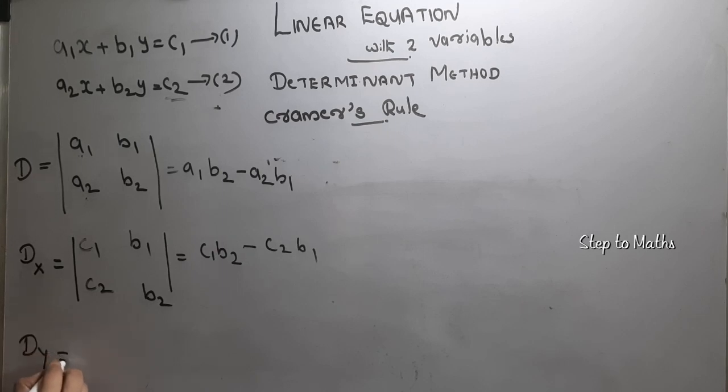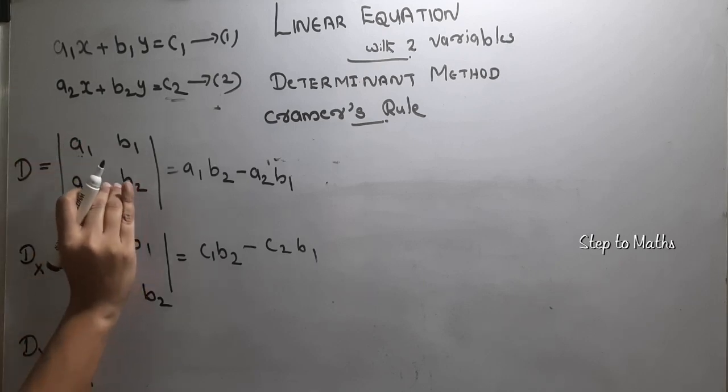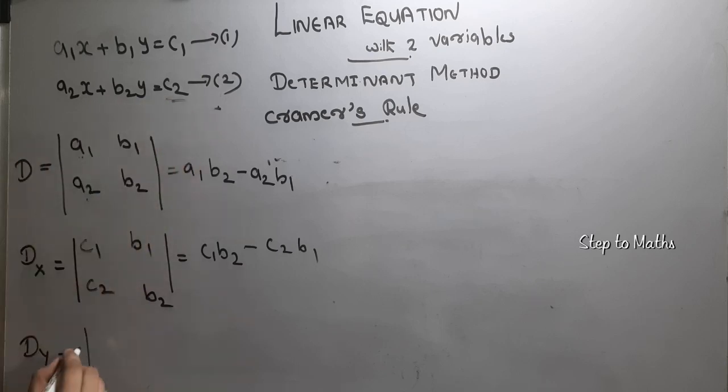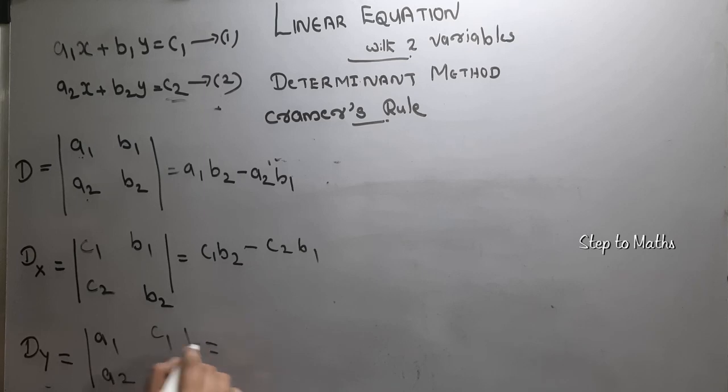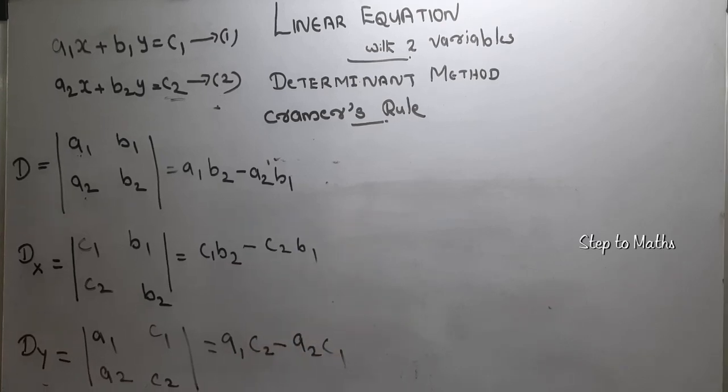Similarly, dy. For that, what can we do? Replace the coefficients of y by C1, C2. That is, the coefficients of x are the same, A1, A2, and then C1, C2. Its value is A1 C2 minus A2 C1.